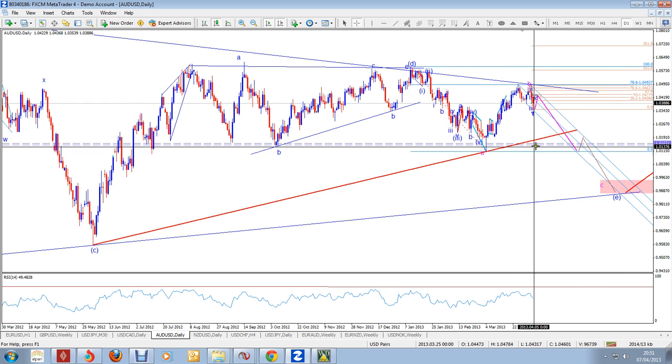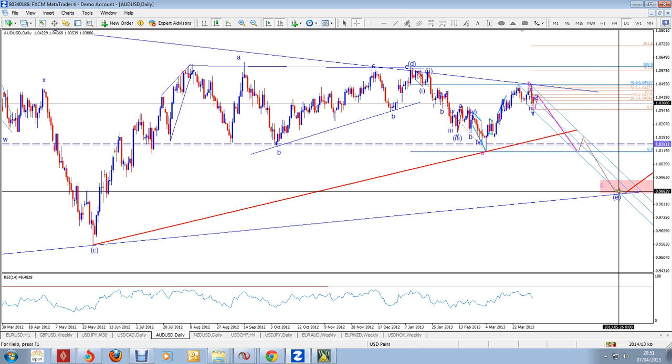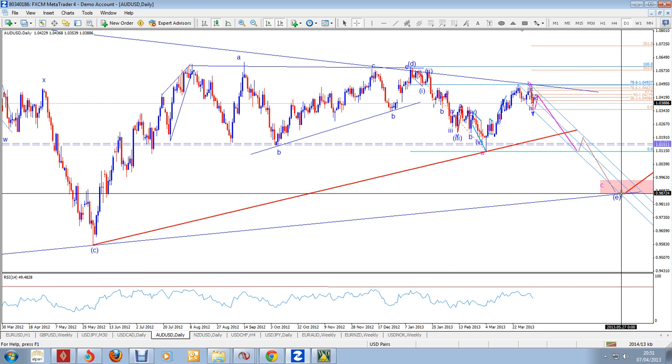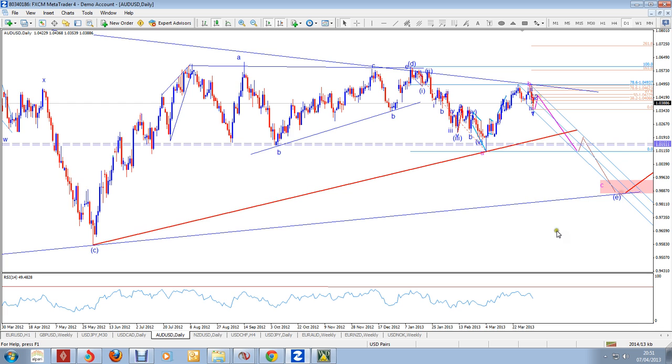Or we would probably come all the way down to this lower rising trend line to complete a larger triangle, in which case Aussie dollar could fall to about 0.98. Right?